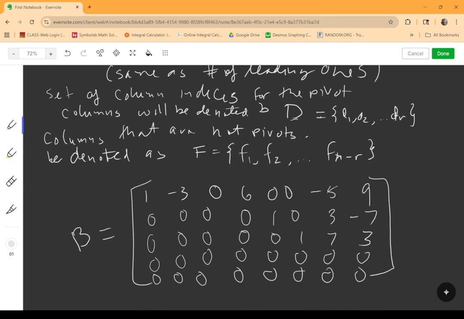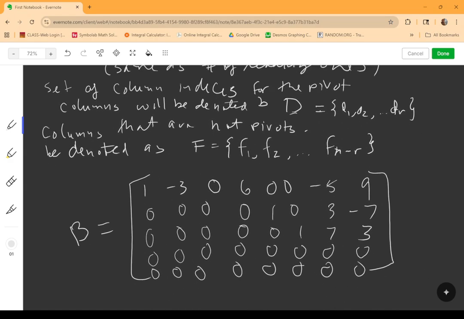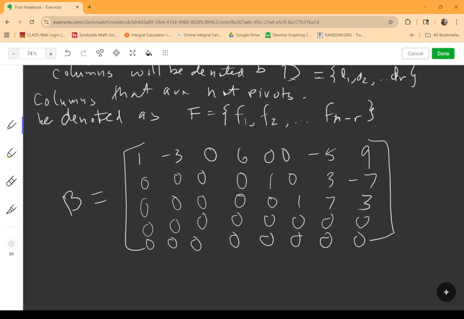Let's take a look at this example. Here we have an augmented matrix that is in reduced row echelon form, where here are my pivots: a one, with everything in the column zeroed out. There are 3 pivot columns, so my r is 3.